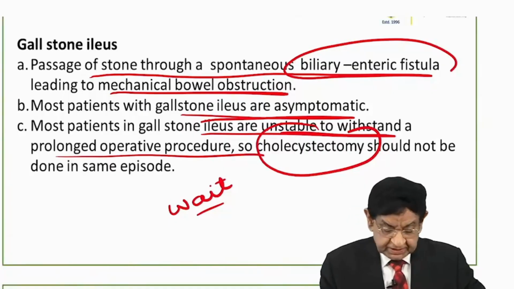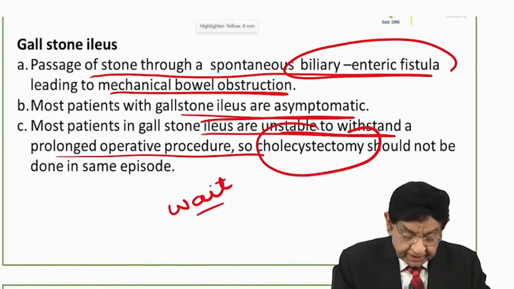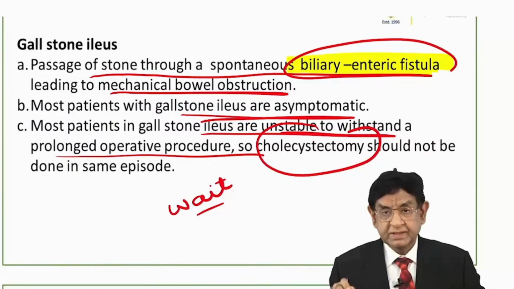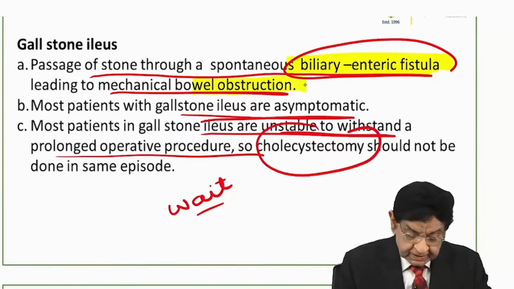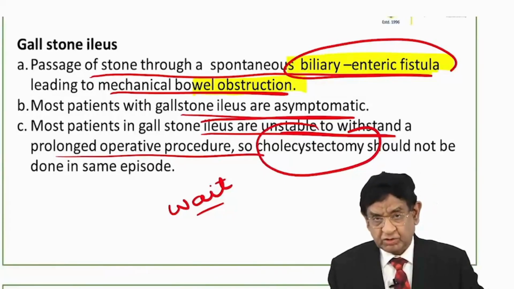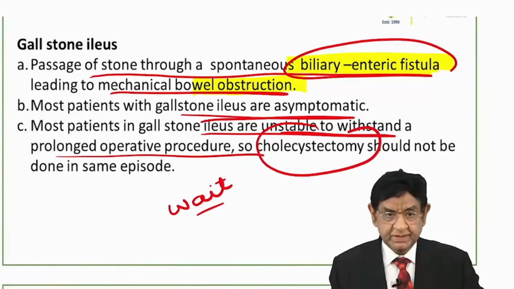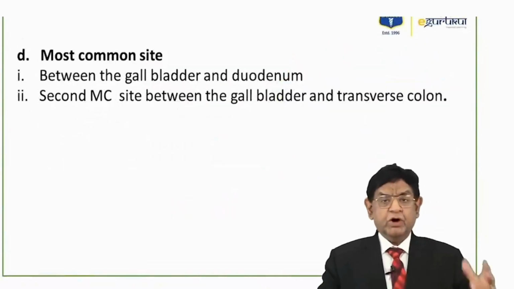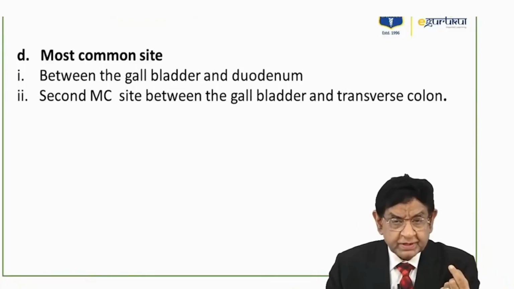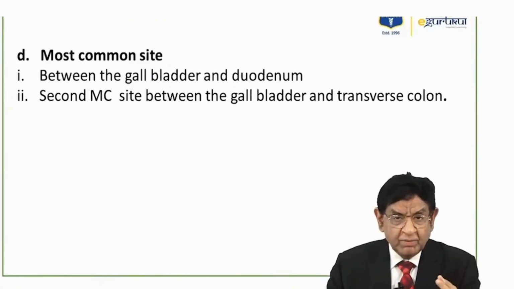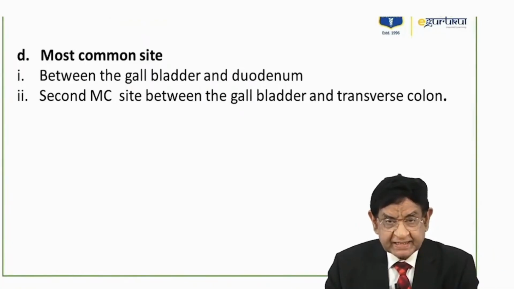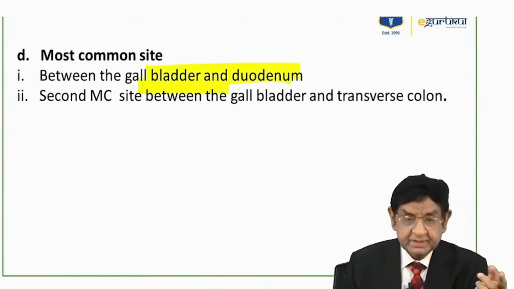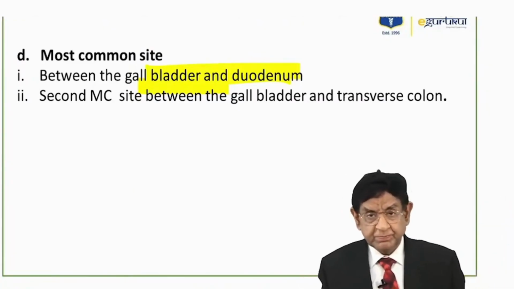So friends, the key word to remember is biliary enteral fistula, and that can lead to obstruction and that can lead to ileus also. Okay, gallstone ileus. So we got stone coming from the gallbladder to the intestine. It may be between gallbladder and duodenum. This was the Bouveret syndrome.